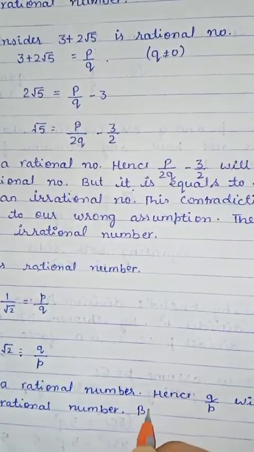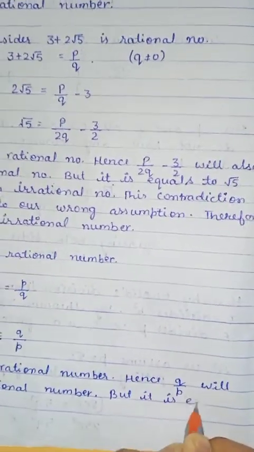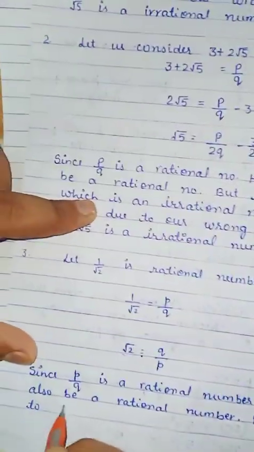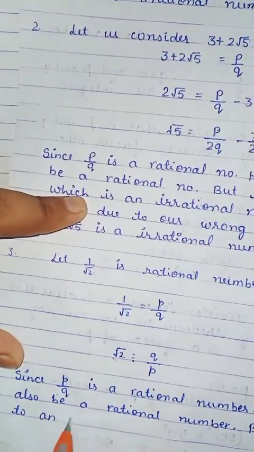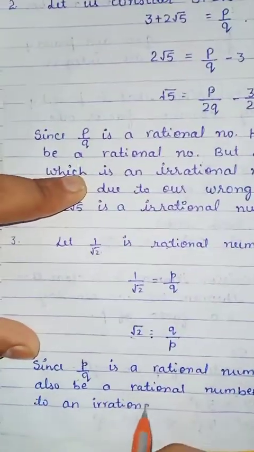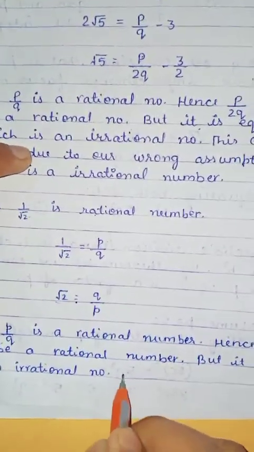So we write: it will also be a rational number, but it is equal to an irrational number, root 2.